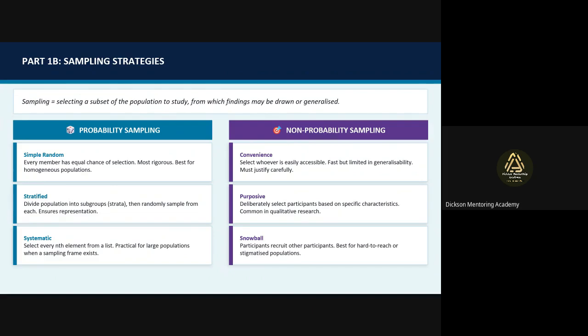So if you are able to recruit one person, that person can help you recruit others, because they will be more accessible to that participant than to you. So this is called snowball sampling.